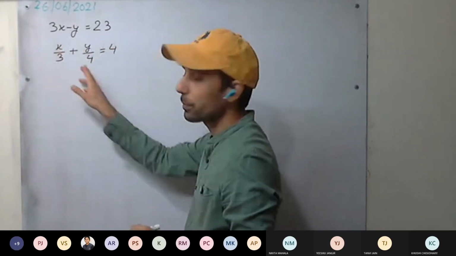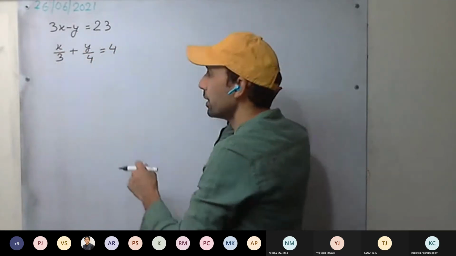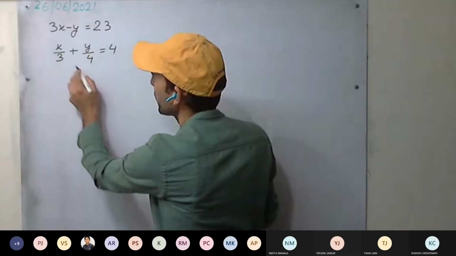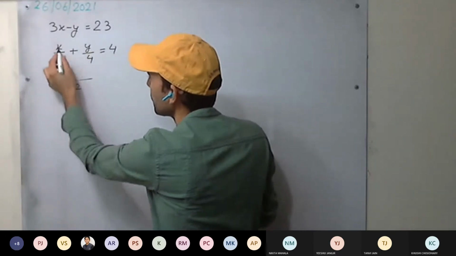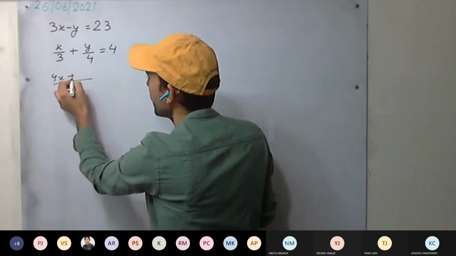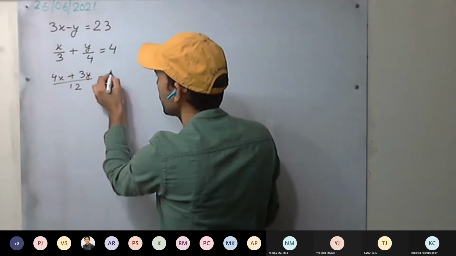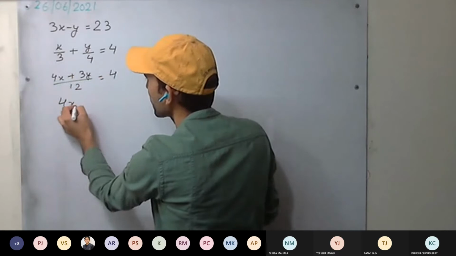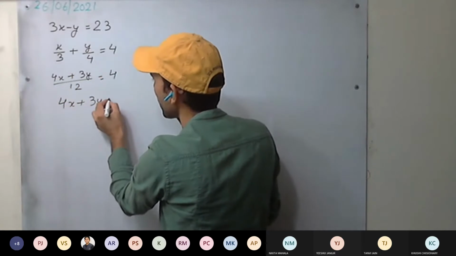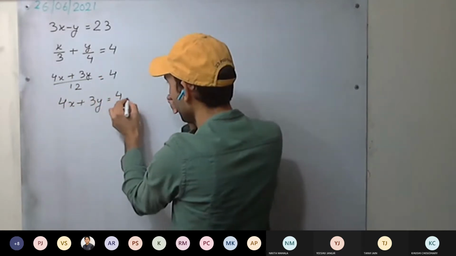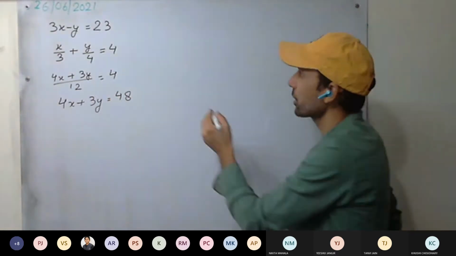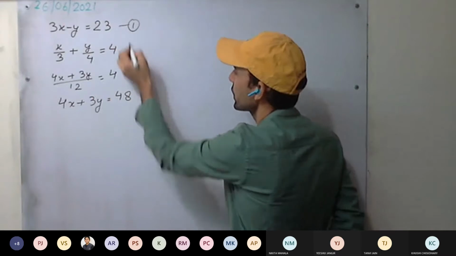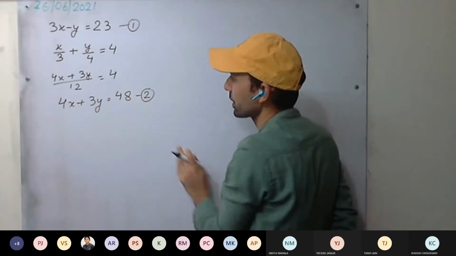This equation, we will simplify a little bit. We will take the LCM 12. It will be 4x plus 3y equal to 48. Okay, so this is our first equation, and this is our second equation.